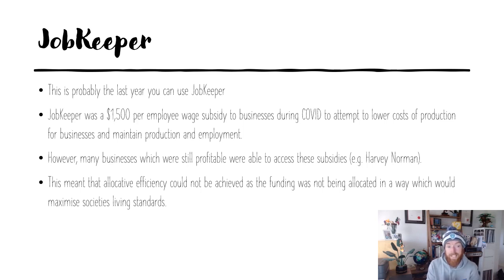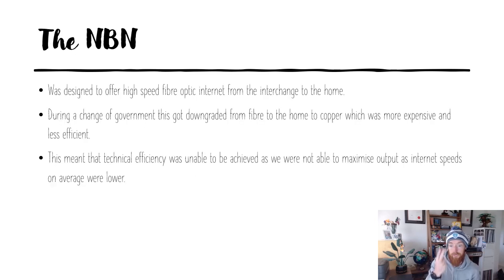This means that allocative efficiency could not have been achieved, because this funding could have been better allocated in ways that would have maximized society's living standards. So that's JobKeeper. You'd always, for 3 marks, describe what the policy was, what it intended to do, and then what it actually did.